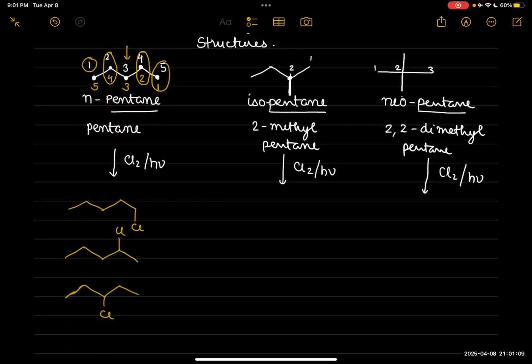And let's try for the neopentane. How many monochloro derivatives can you get for neopentane?